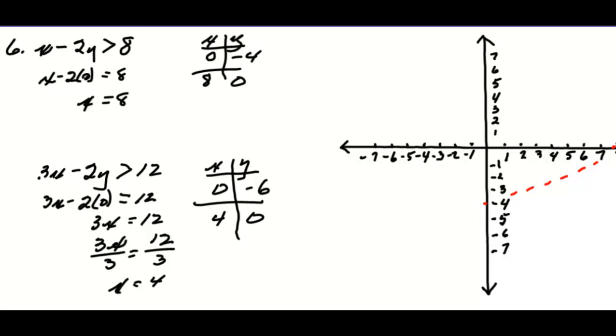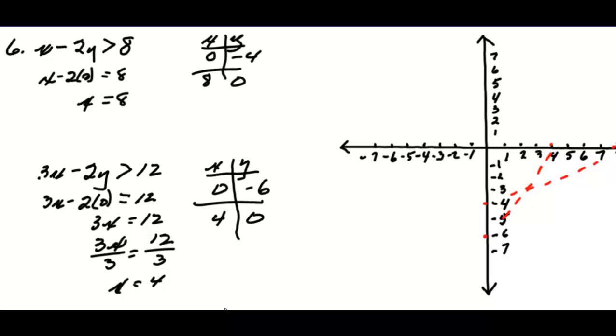Now, when we go ahead and graph that, the points that we have are 0 and negative 6, which is down here, and then the points 4 and 0, which is up here. And when we freehand that one, the graph looks sort of like this. So we have those two inequalities graphed.